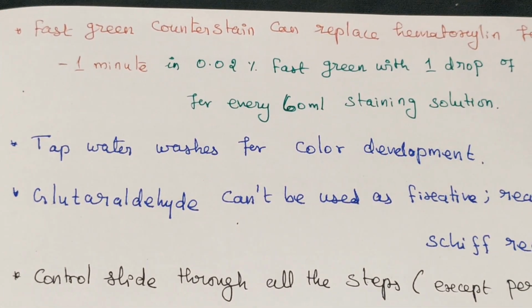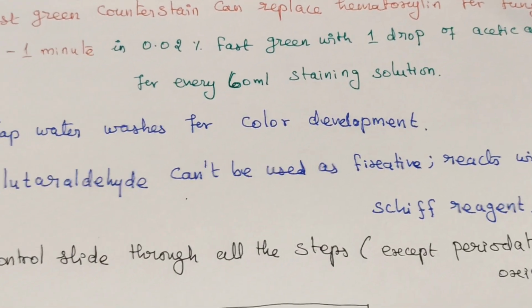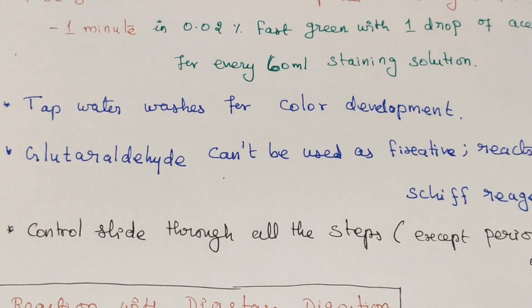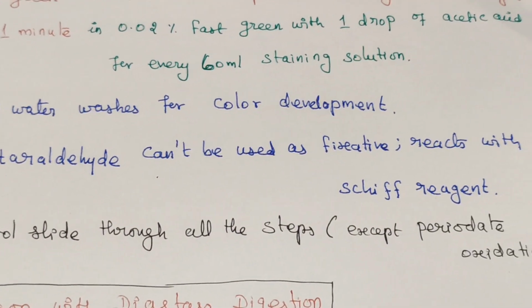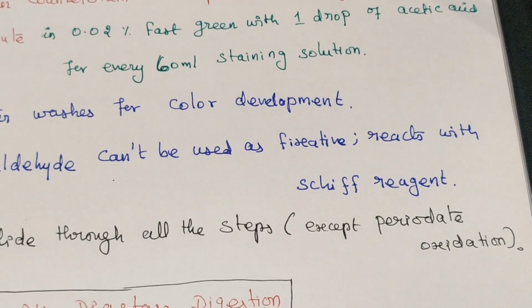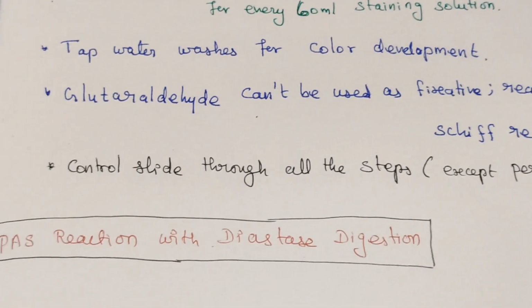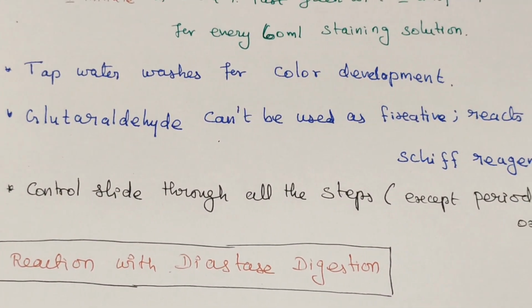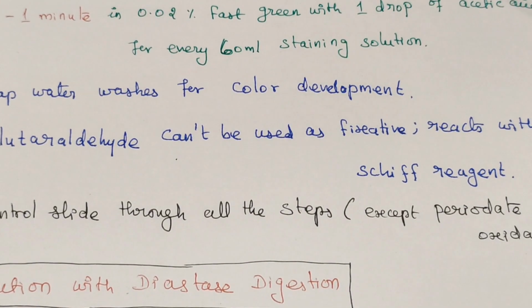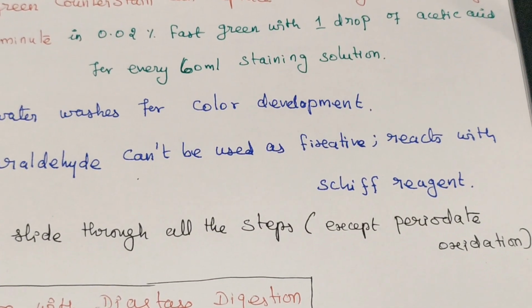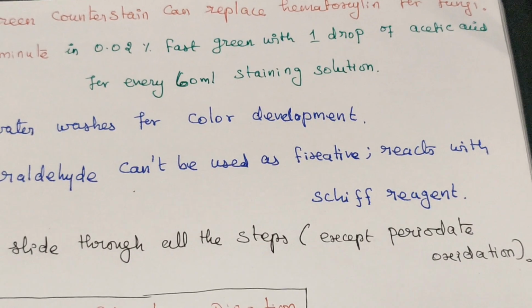Then tap water wash for color development. Then glutaraldehyde cannot be used as fixative. It reacts with Schiff reaction. Then control slide goes through all the steps except periodate oxidation.